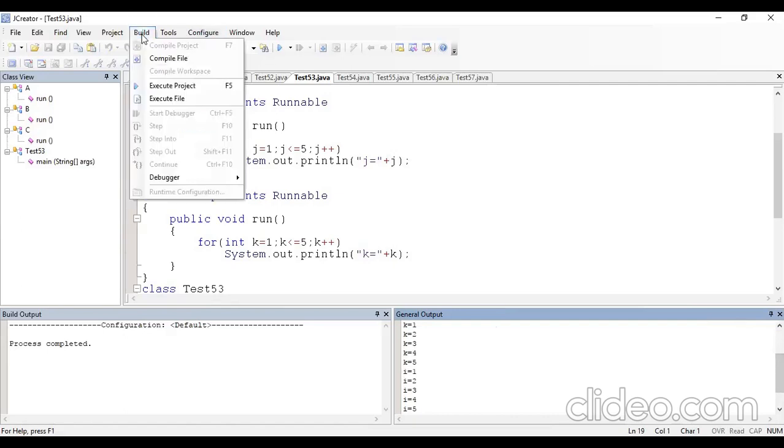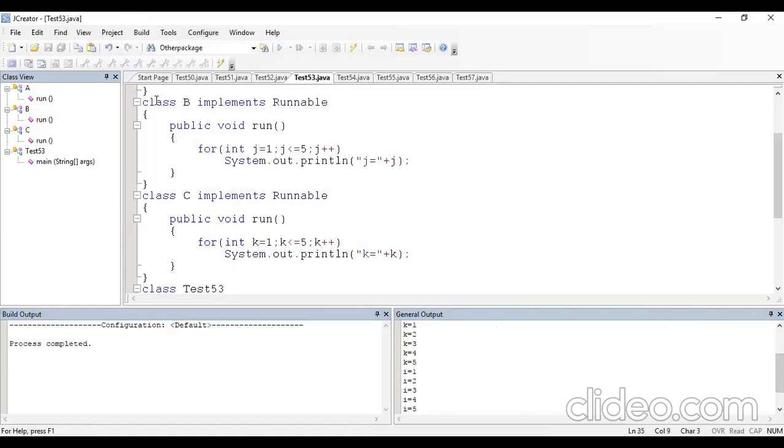Fine. Again, I am executing the same file. Look, a bit of a multi-threading result. I, then K, then J, then again K, then I, then J. So a multi-threading operation has been performed over here.